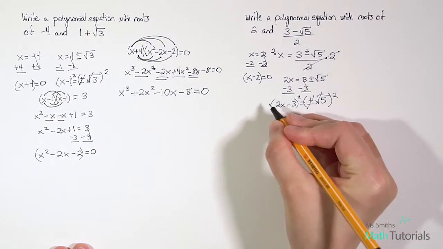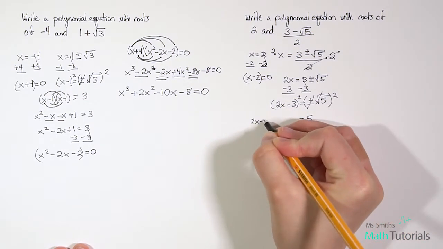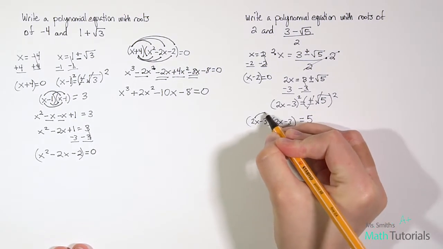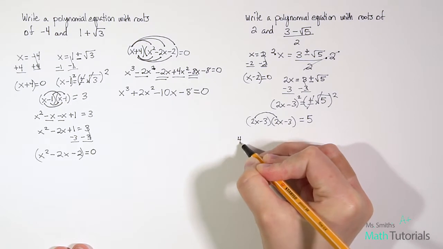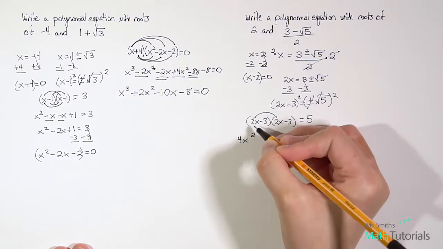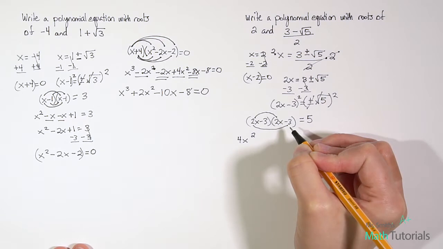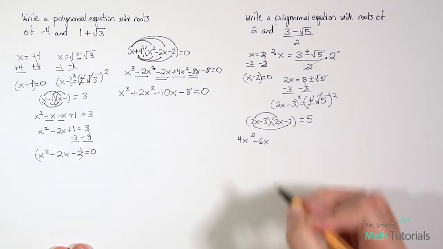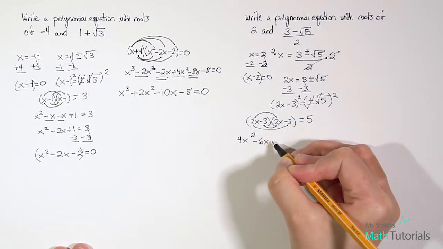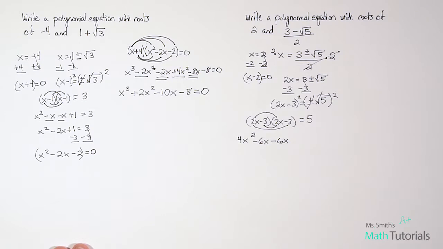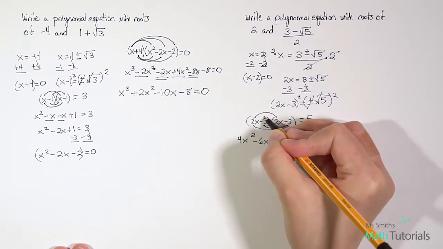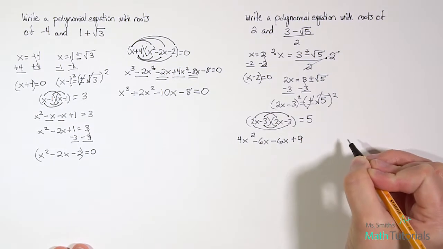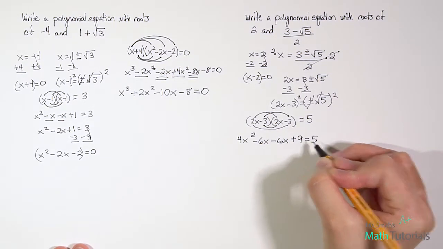So this is 2x minus 3 times 2x minus 3. 2x times 2x is going to be a positive 4x squared. 2x times negative 3, that's going to give me a negative 6x. Now our inner, negative 3 times 2x gives me another negative 6x. And our last, negative 3 times negative 3, which gives me a positive 9, equals 5.